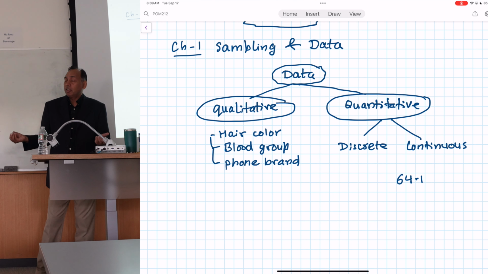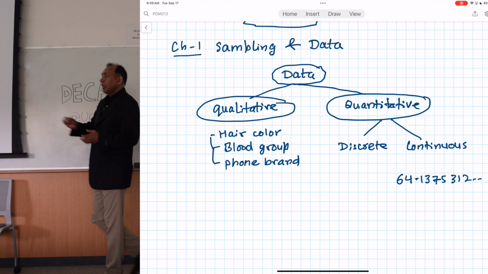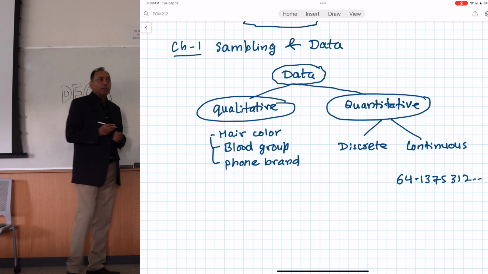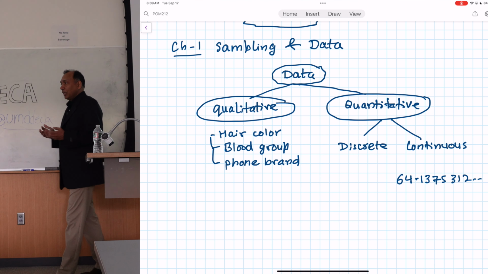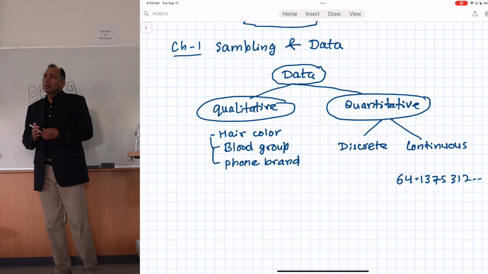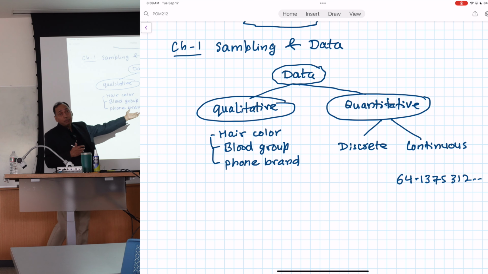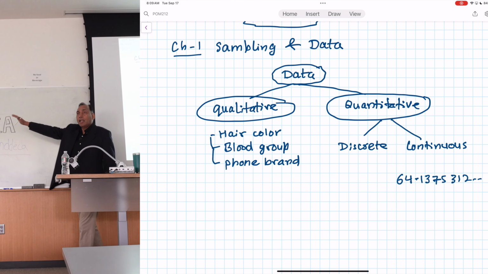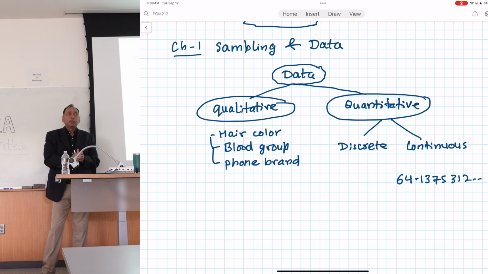If you can measure up to 2 decimals, it could be this. And there is no end to that. How many values you can get after the decimal, there is no end. It totally depends on what measuring instrument we are using. For speed, we don't care too much about that many decimals. But reality is like that. We only get an approximation that, okay, speed is 64, but reality could be different.